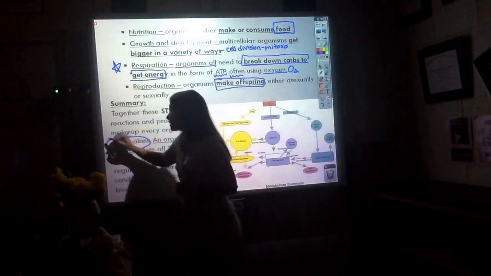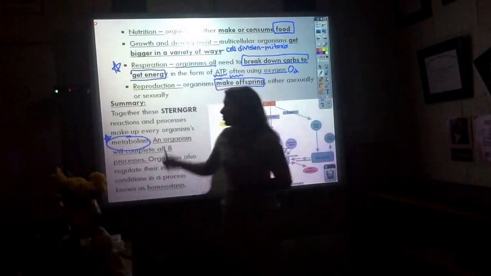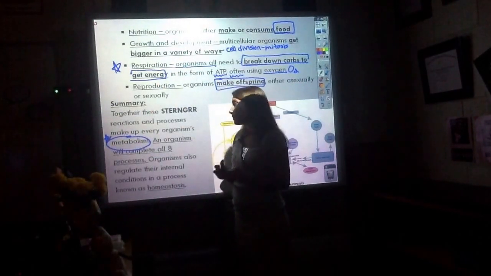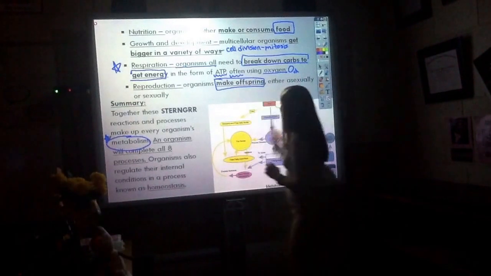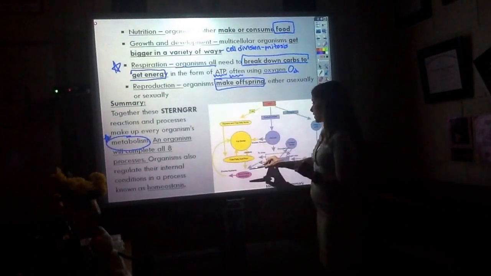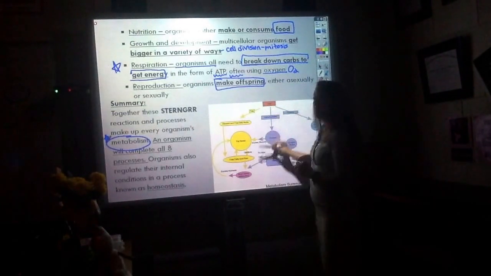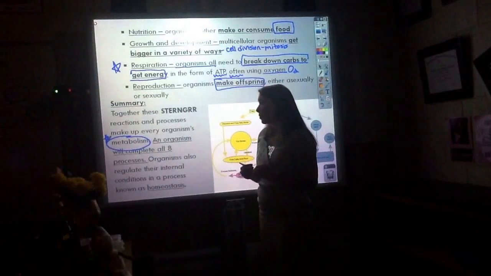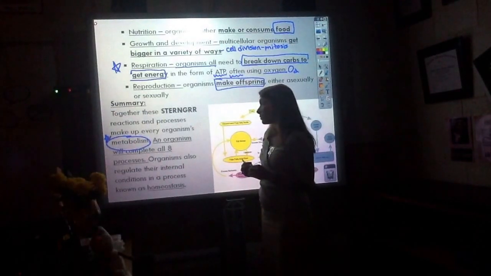Go ahead and circle this word, it's an important word. Your metabolism is all of the reactions in your body. So all living things perform these. And so when we look at metabolism, we talk about breaking things down, building things up, having extra pieces. An organism must complete all 8 processes to be considered living.